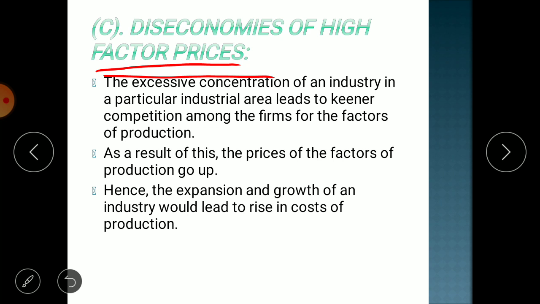So here the external diseconomies got over, and with that the first part of the second unit, that is economies and diseconomies of scale, also got over. From the next lecture we will discuss production function. Thank you.